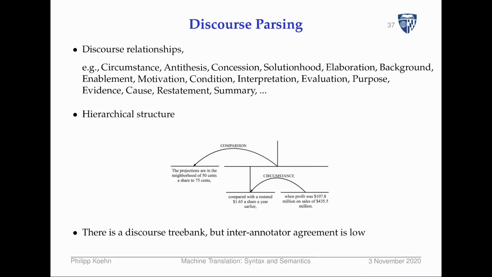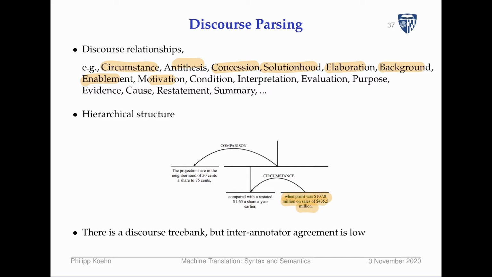A bit on what people have done in discourse relationships. First of all, you come up with a list of discourse relationships. Here's a whole list: circumstance, antithesis, concession, solutionhood, elaboration, background, enablement, and so on and so on. And then you have a hierarchical structure. The nice thing is we had tree structures before, and now we can also have tree structures over not sentences, but clauses or elementary discourse units.